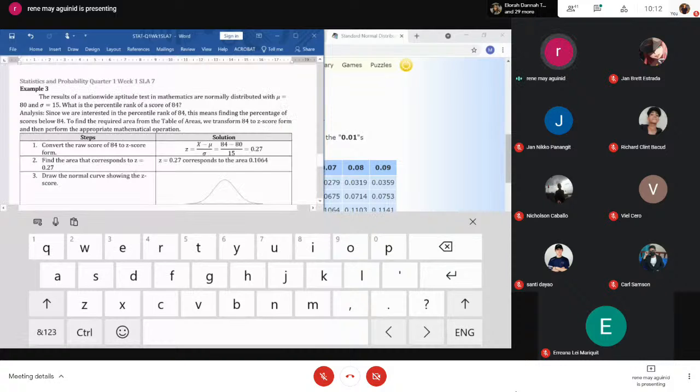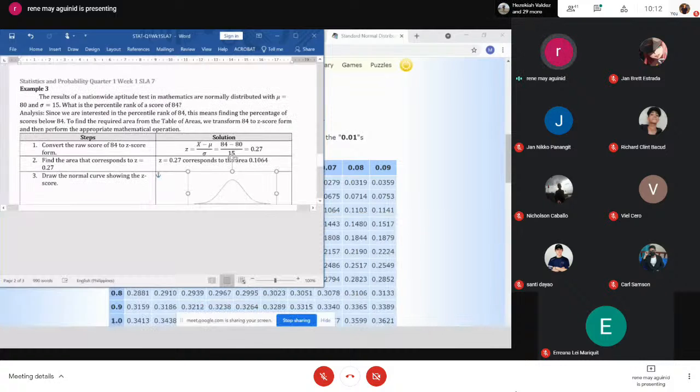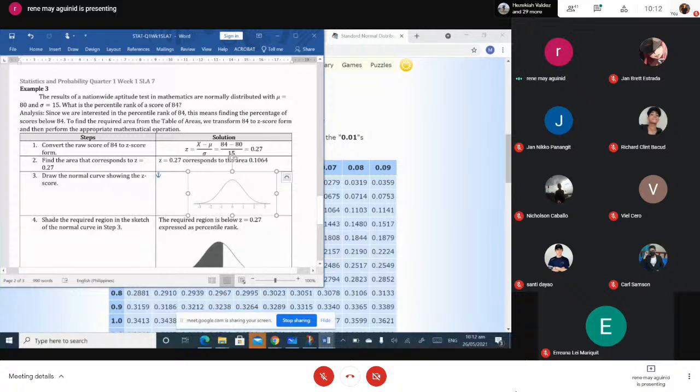Okay, so the same thing here. The problem: what is the percentile rank of a score that is 84? The score is given, not the percentile, so we need to find the percentile. You are going to get first the Z. Your score is 84, your mean is 80, your standard deviation is 15.